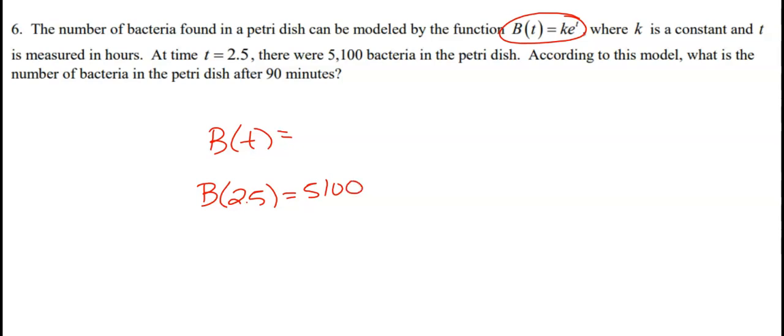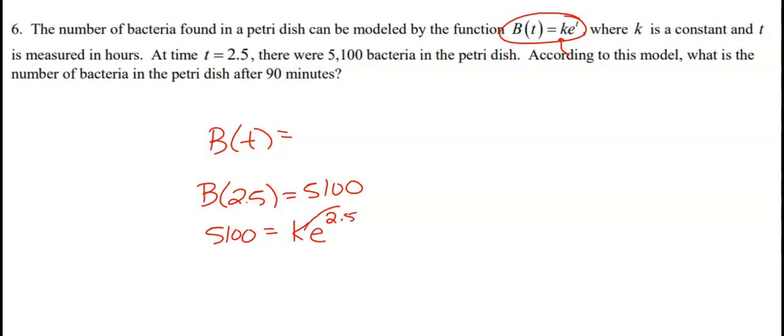So to figure out what that starting value is, then they're actually using the letter K instead of A. E is our B in essence, our multiplier. Okay, so to figure that out, we can then just do 5,100 equals K e to the 2.5.